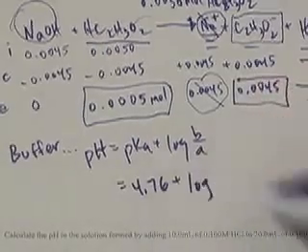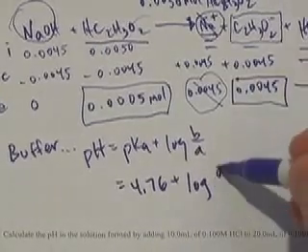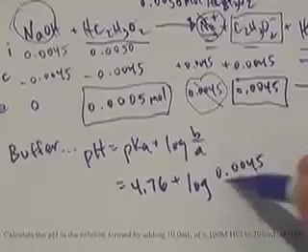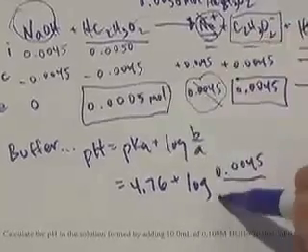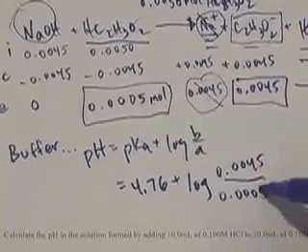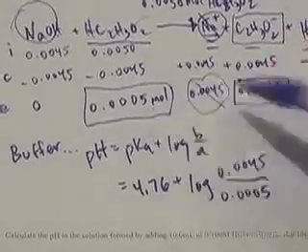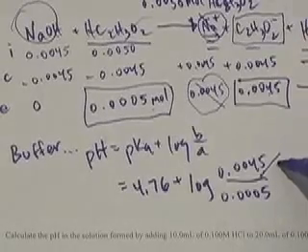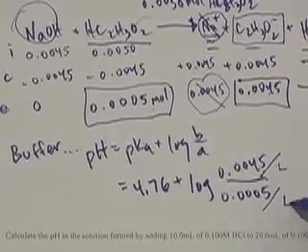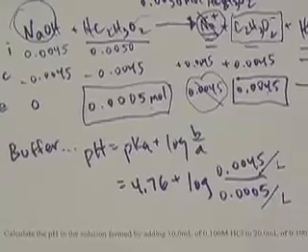4.76 plus the log of the base, of which we have a lot of, 0.0045, divided by the acid, of which we don't have a whole lot, 0.0005. And remember, this is in moles, but I'm supposed to divide it by my number of liters because it's supposed to be concentrations in this.